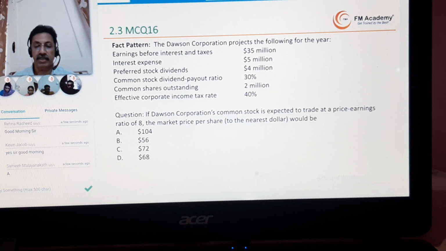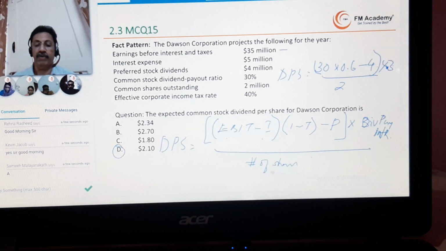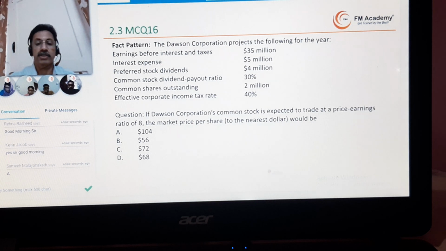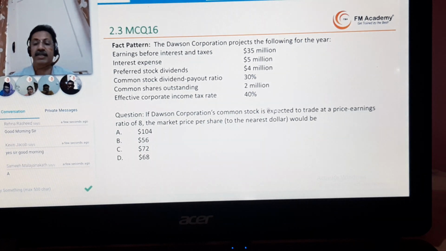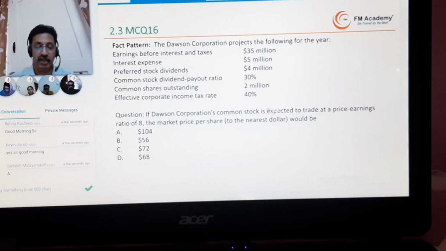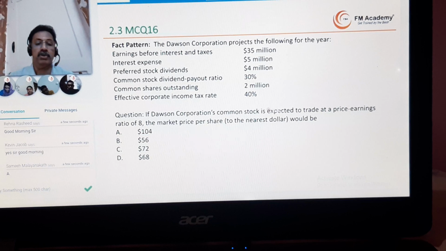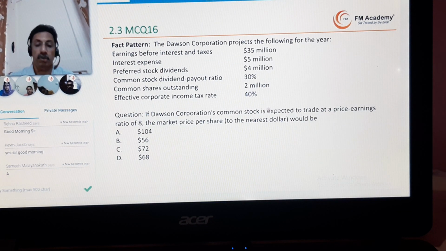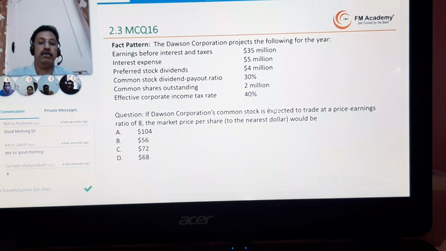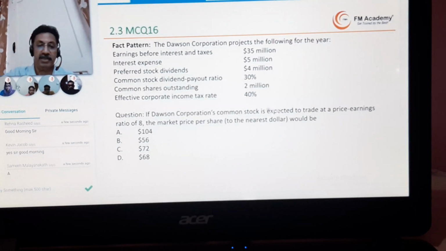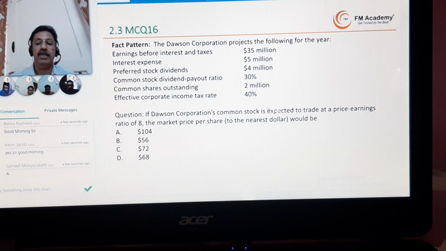Same fact pattern, isn't it? Yeah, same fact pattern. But now the question is, if Dawson Corporation's common stock is expected to trade at a price earning ratio of 8. So you have already computed earnings per share, multiplied with 30% to get the dividend per share, right? That's the same way you compute the earnings per share. Now you are also given the PE ratio.